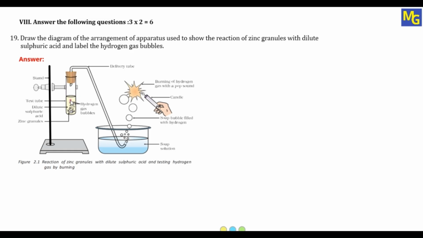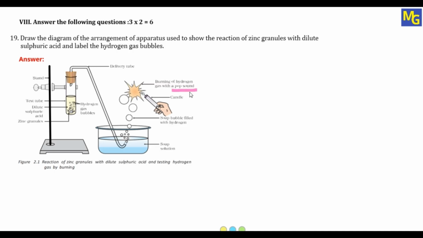That liberated hydrogen gas will move through this capillary and enter the soap solution. Once this hydrogen gas enters the soap solution with pressure, it will form bubbles, and when we bring a burning candle near these bubbles, it goes off, making a pop sound.